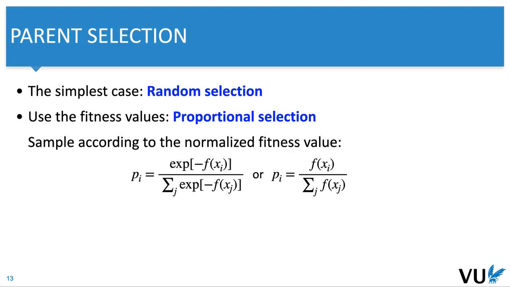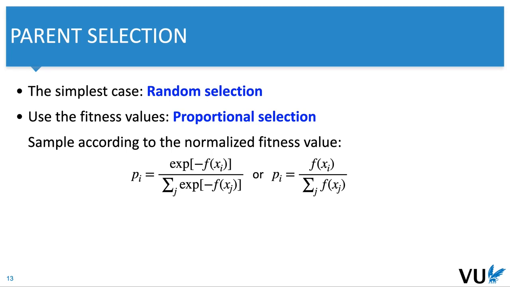Another selection mechanism is proportional selection, and this is the idea that we sample parents by normalizing fitness values, right? So it will never be that the best point is always selected.